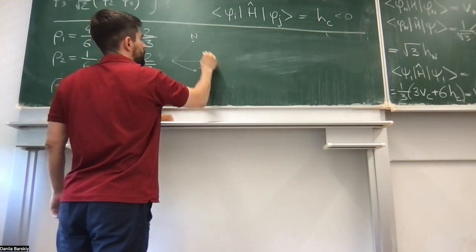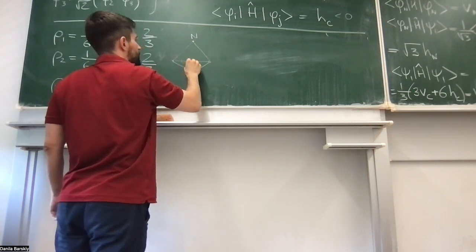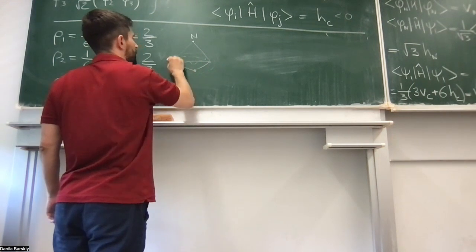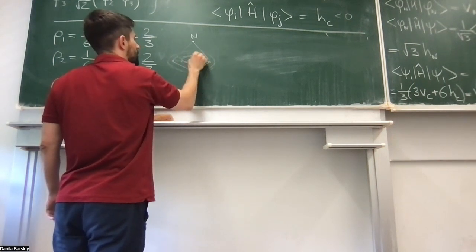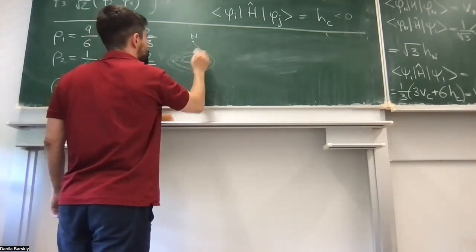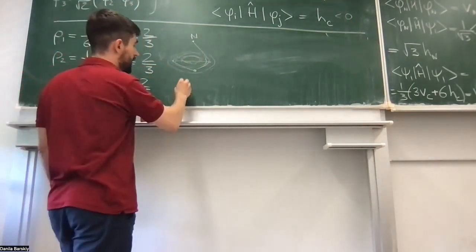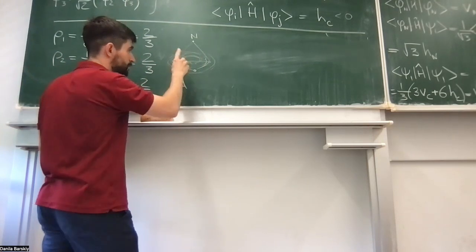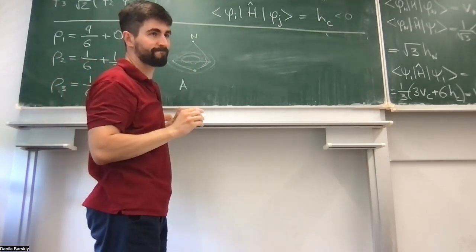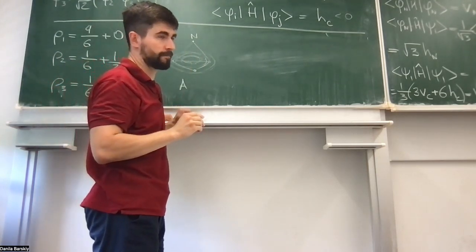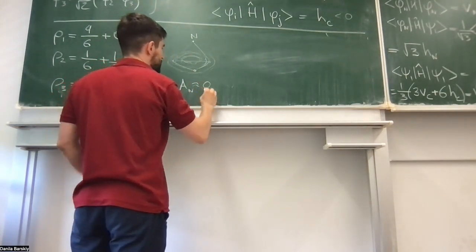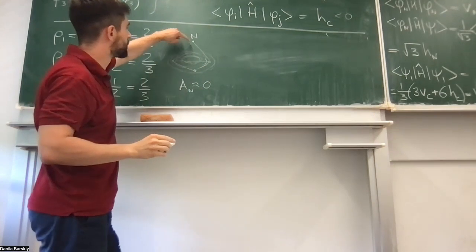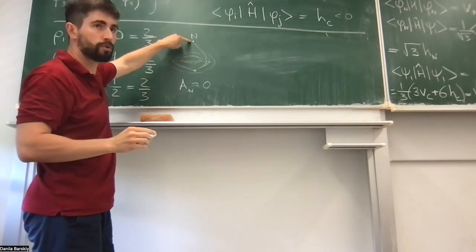Based on this electronic configuration, these two unpaired electrons occupy carbons. There's no nitrogen density. That's why their hyperfine coupling to nitrogen is very low in the ground state, because there is no electron density present at the nitrogen nucleus.